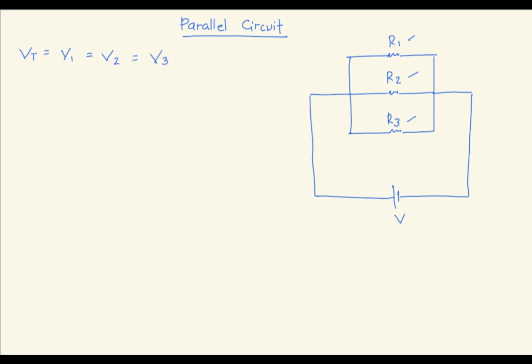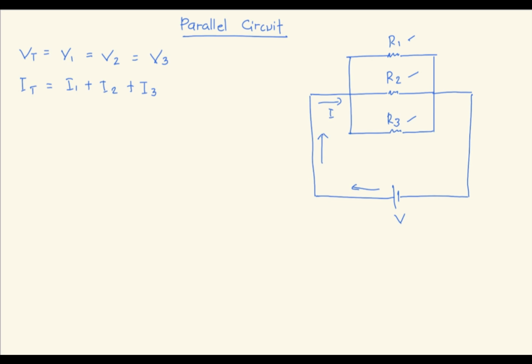Meanwhile, the current passing through the components will be shared among the components, such that I total is equal to I1 plus I2 plus I3.